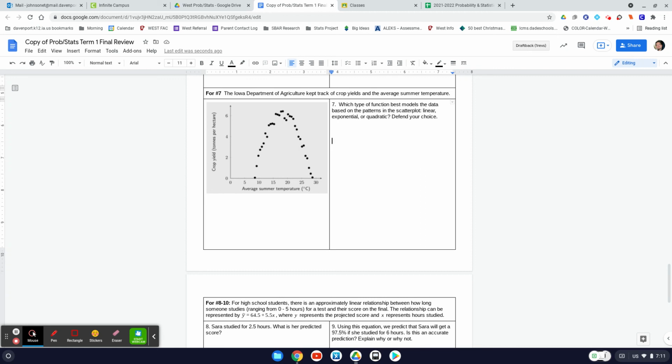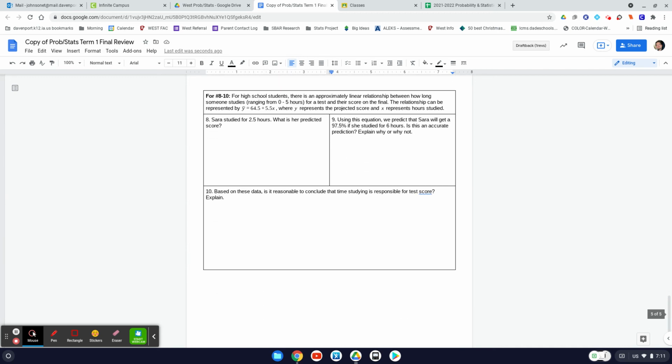It makes an arc. So that tells us that it is a quadratic. So it makes a capital U. In this case, it's an upside down capital U. Last bit.